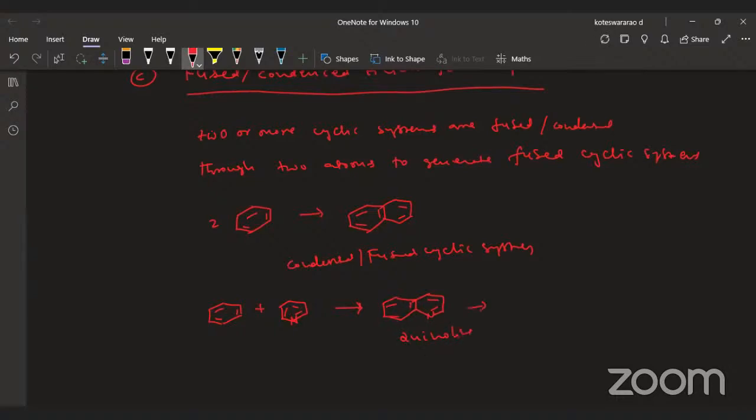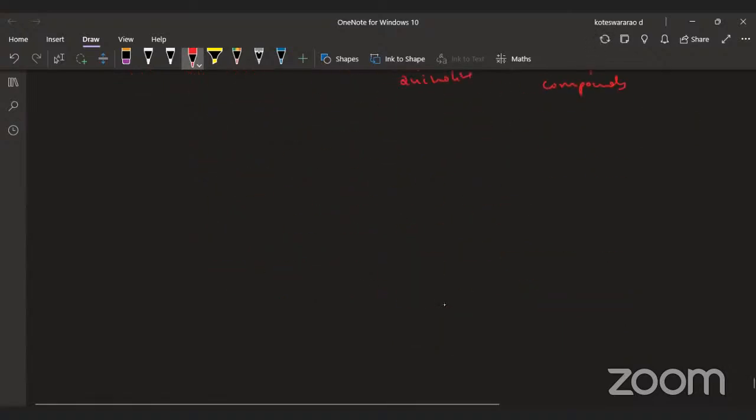Now these are known as fused heterocyclic compounds. This is the classification based on the arrangement of ring systems in the manner of condensed or fused rings. We have several compounds.